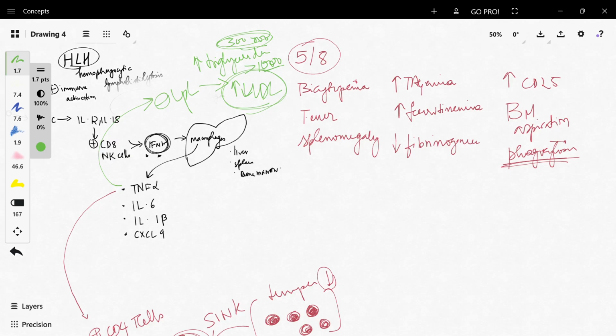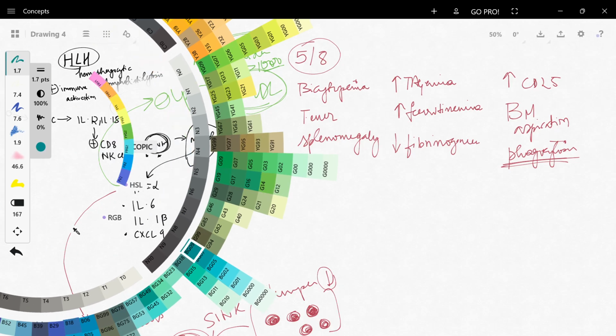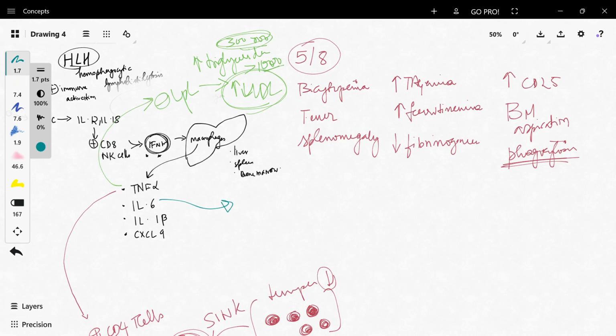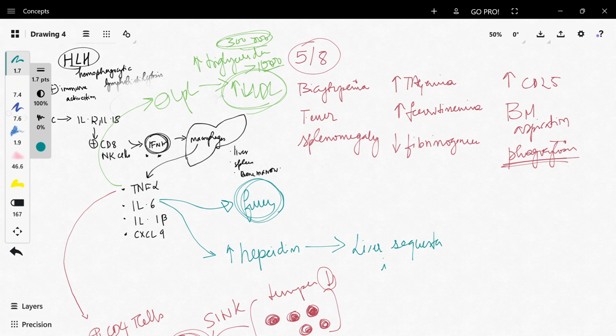Now, let's move on to IL-6. Right, now IL-6, as you have learned in the boards, is what causes fever. It's one of the cytokines responsible for fever. But another important thing that it does is that it upregulates hepcidin, right? And this is what is causing your liver to sequester iron, and that is what underlies the hyperferritinemia that we see.